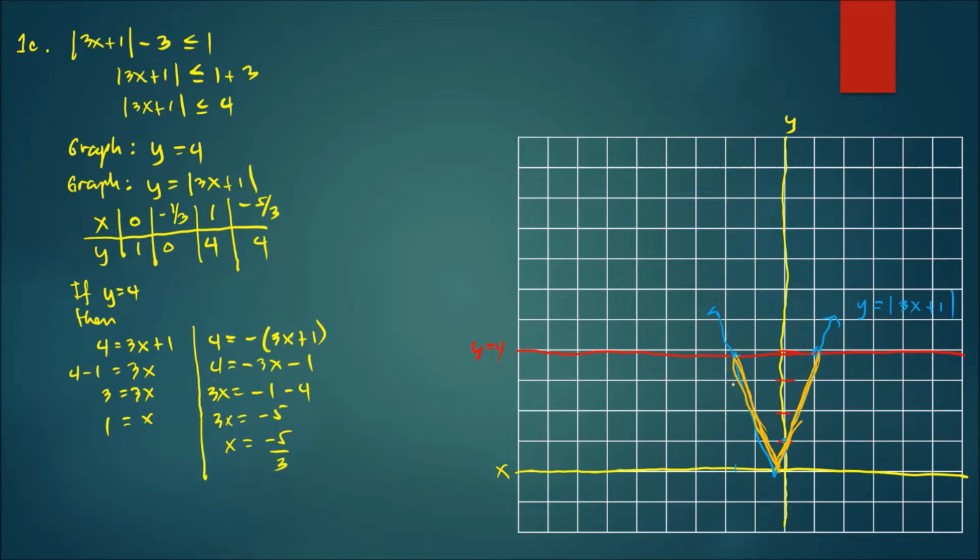So we know here the value of x is negative 5 by 3, and here the value of x is 1. So therefore, our solution set would be all the values of x that is greater than or equal to negative 5 by 3 and less than or equal to 1.